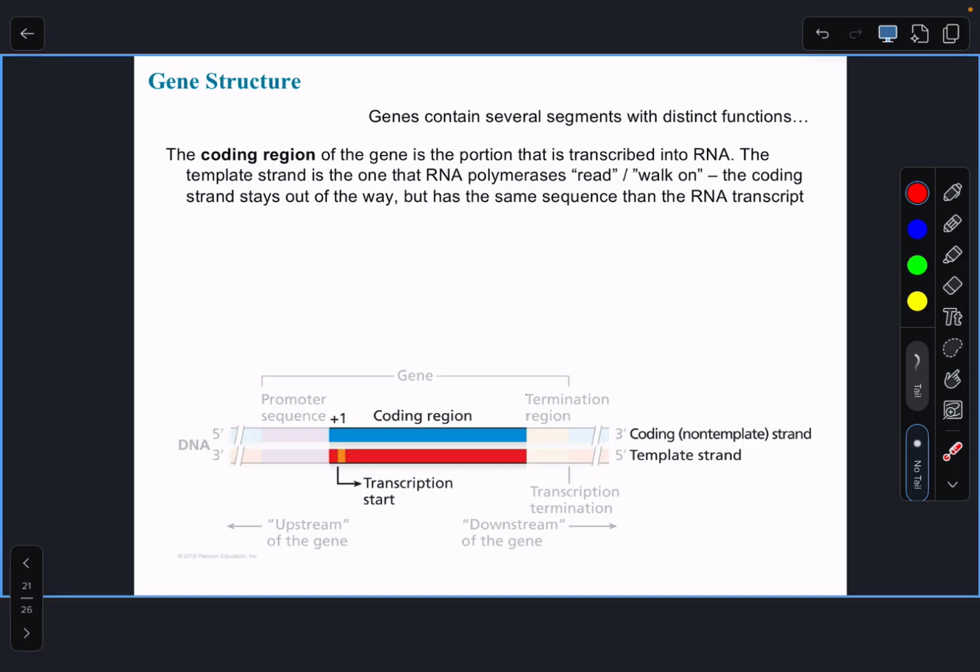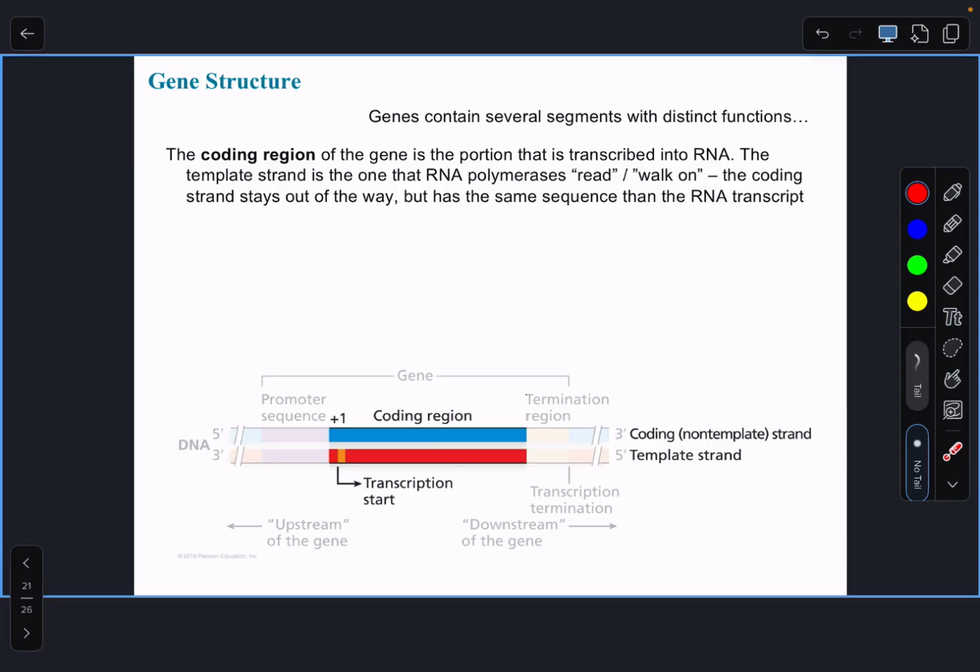So that kind of begs extending this exploration of what a gene is into gene structure. What we know about genes is that they have various components, various parts to them. Obviously, there is that region that gets transcribed into an RNA molecule, right? We call that the coding region of the gene, and it's the portion that is transcribed into RNA.